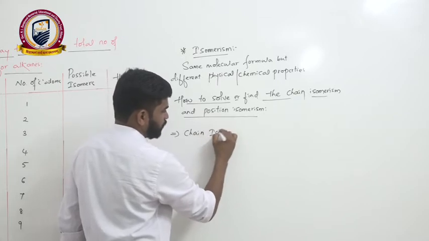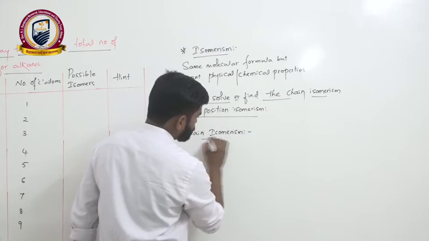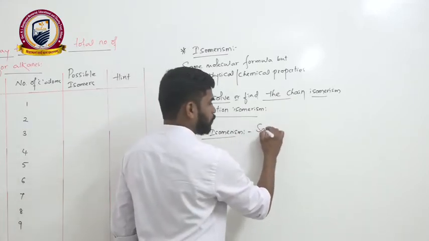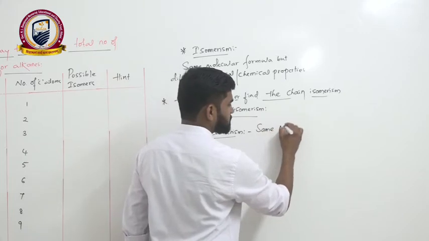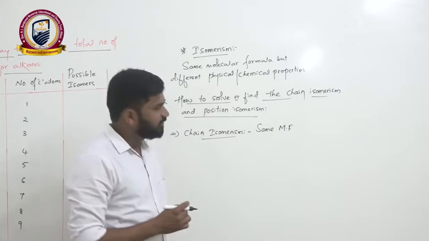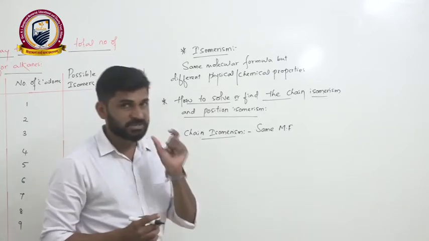Chain isomerism means two or more compounds having the same molecular formula but differing in the size of the parent chain or the size of the substituent.